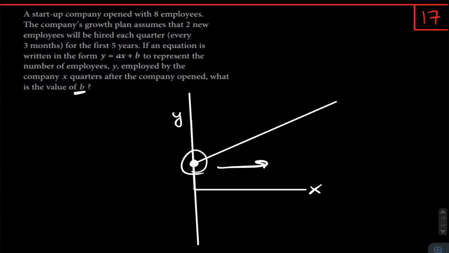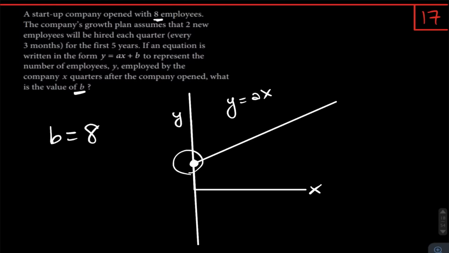It's going to be your initial point. And so the amount of employees that you start with is 8, and that's your y-intercept. So b is going to equal 8. This equation will be y equals ax, whatever a is, plus 8. And that's all we really care about for this problem. So, wha-bam.